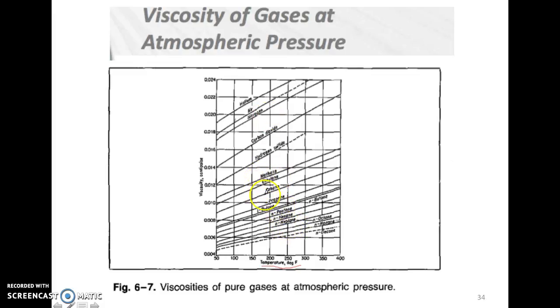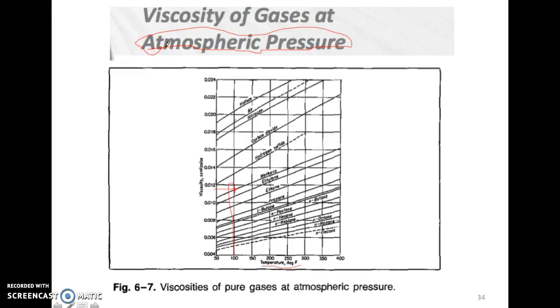As the gas gets heavier, the viscosity decreases. So for example, for methane, at different temperatures, here you could read the viscosity. So this is viscosity at atmospheric pressure, so pay attention to this.